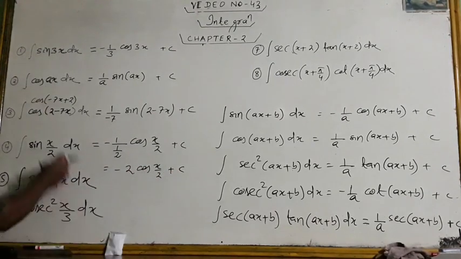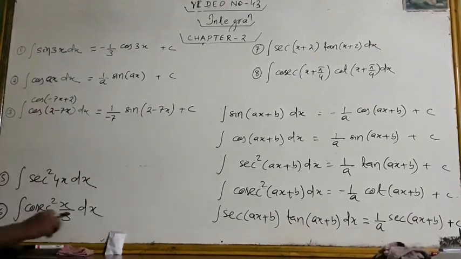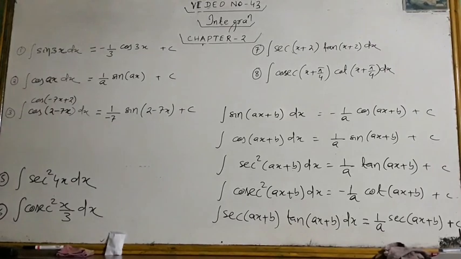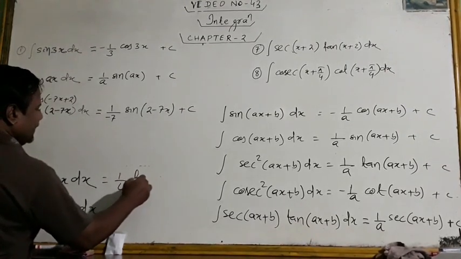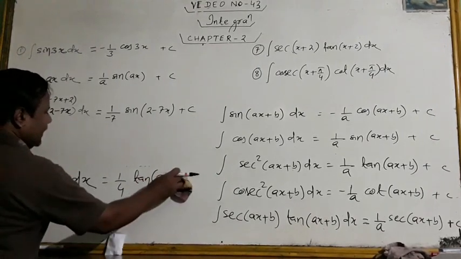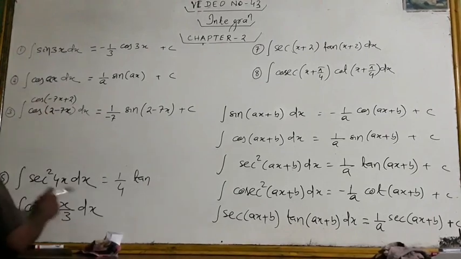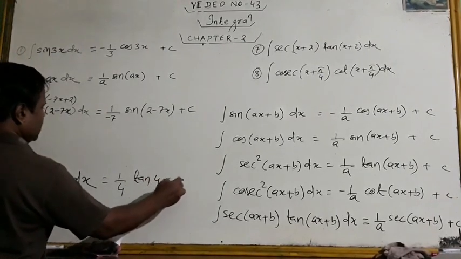And you know the integration of sec² 4x is 1 by 4 tan 4x plus c.